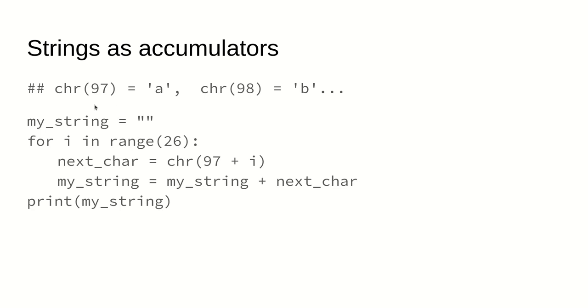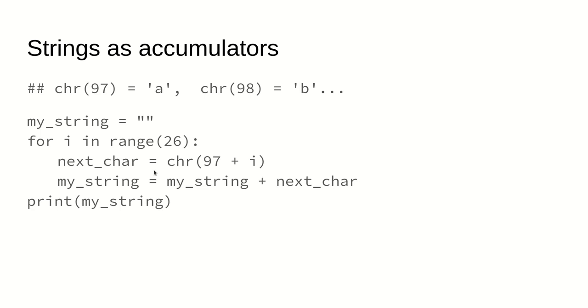And so this will start with an empty string. My string, the variable my string, is set originally as the empty string. In the first time through this loop, I will be 0. And so next character becomes the character 97 plus 0, in other words, lowercase a.